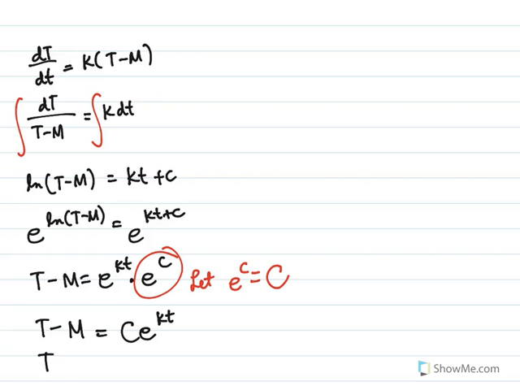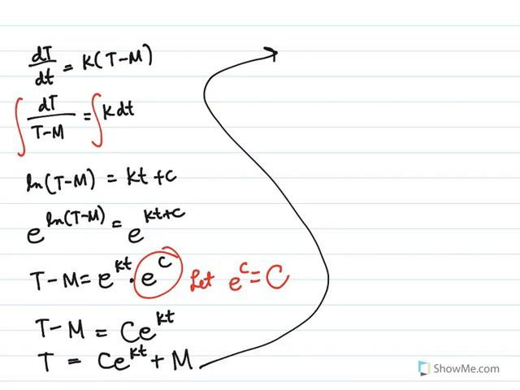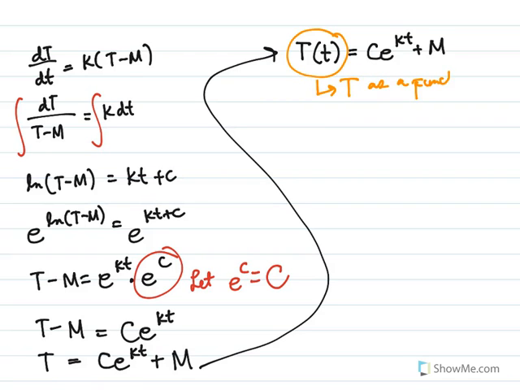Or this is simply T equals C e raised to kt plus M. So, as a function, we can express this also in the functional form T of t is equal to C e raised to kt plus M. But again, the left-hand side is not read as T times t. This one is read as T, temperature, as a function of time.